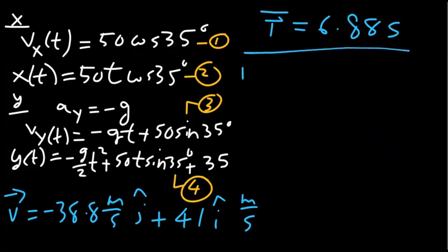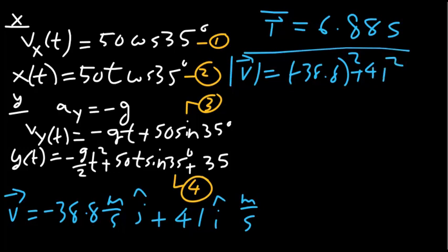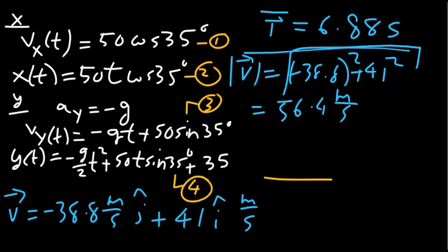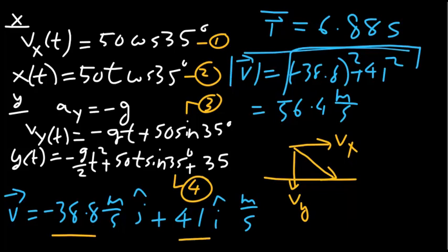Now this is just a vector. The magnitude of that velocity is the square root of minus 38.8 squared plus 41 squared, which is 56.4 meters per second. Now what about direction? Since the object hits the ground like that, Vy is negative and Vx is a positive number, so we can calculate that angle.